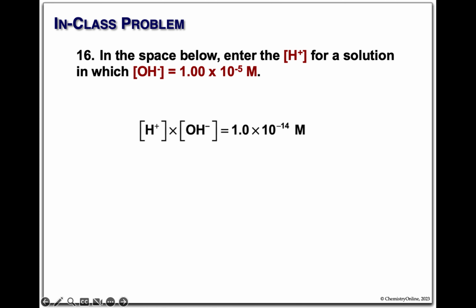We know hydroxide because it's given. To get hydronium, all we have to do is take 10 to the minus 14 divided by 10 to the minus 5.